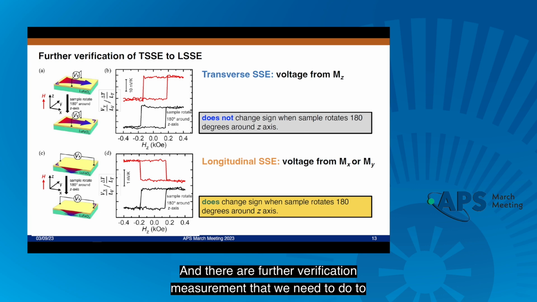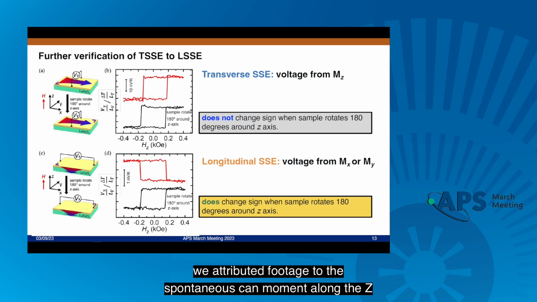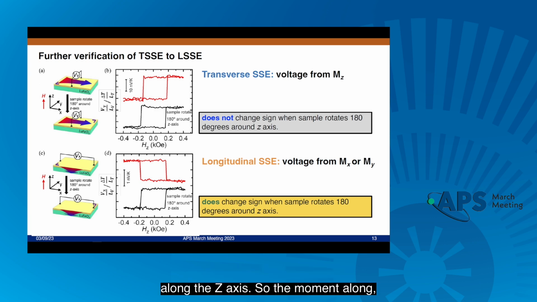There are further verification measurements that we need to do to bolster this claim. So here, again, with the transverse spin Seebeck effect setup, we attributed voltage to the spontaneous canting moment along the z-axis. We designed an experiment that marks the sample in the corner and rotates the sample 180 degrees along the z-axis.